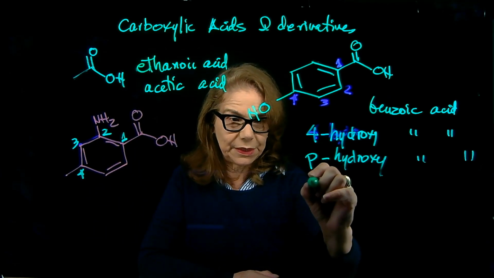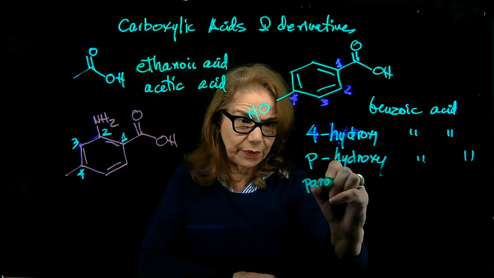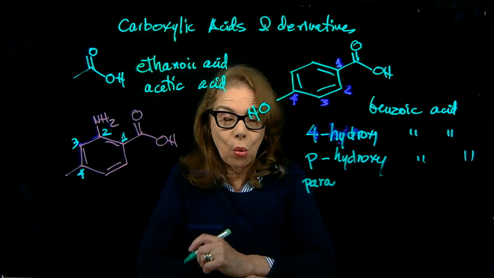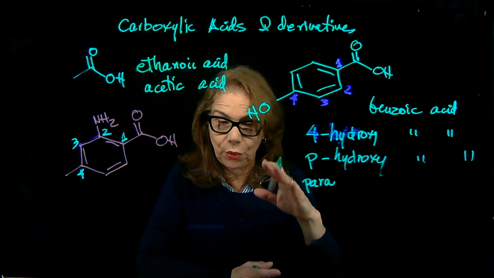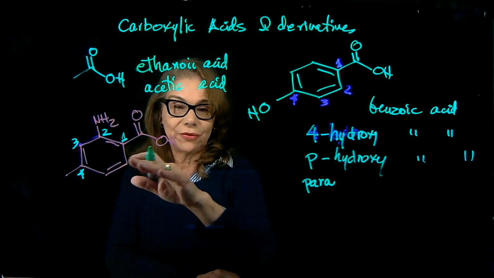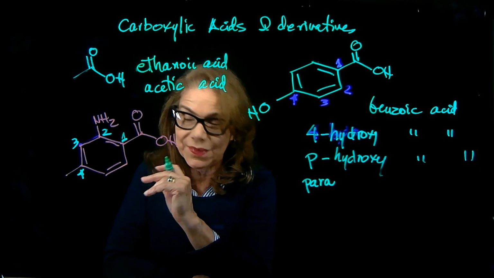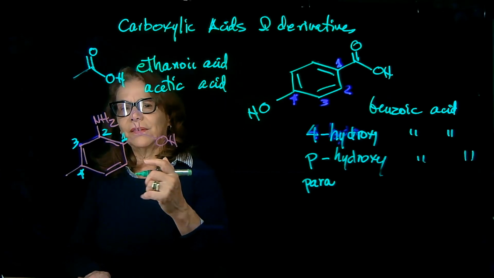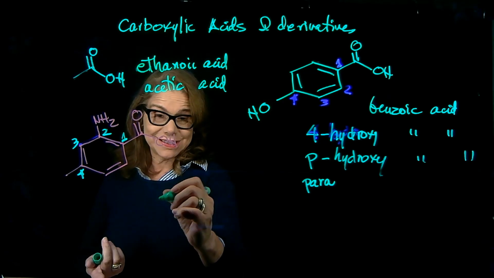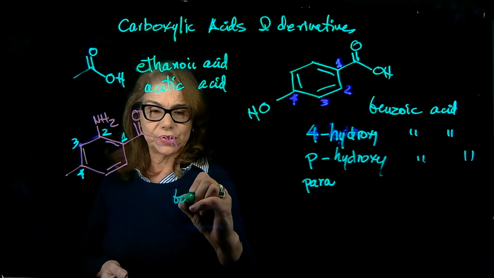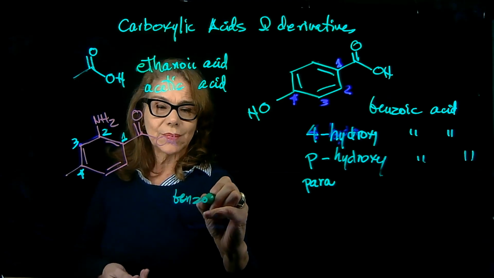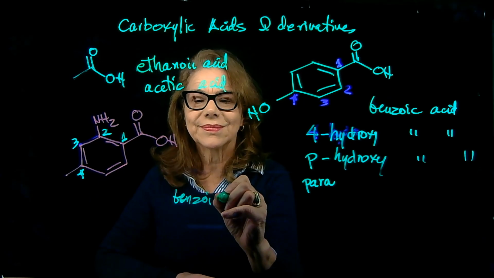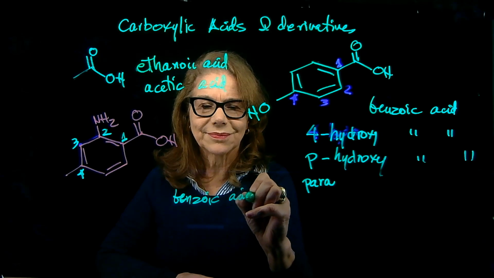Now this nomenclature that we did here, para-hydroxy, we can no longer use ortho, meta, or para when we have 3 substituents on the aromatic ring. So we need to just use the numbers. So now this is still benzoic acid, my parent chain.